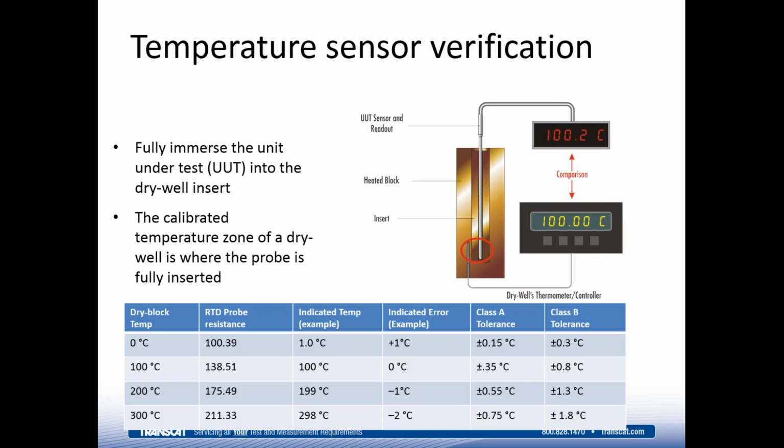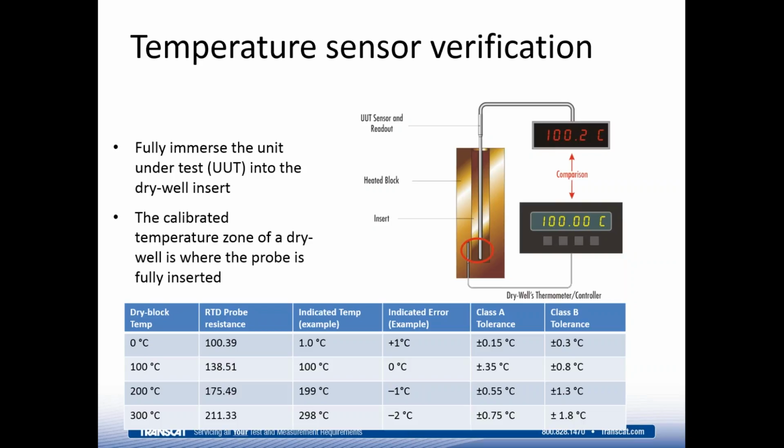Each RTD will have a specific curve that defines what the temperature is at a specific resistance. So I might look at a table, might have to do some interpolation, but what you will do is compare the indicated temperature to what the true temperature is supposed to be, and the dry block will provide that true temperature in this scenario. We'll talk about other scenarios as well where I might have a different reference temperature standard.